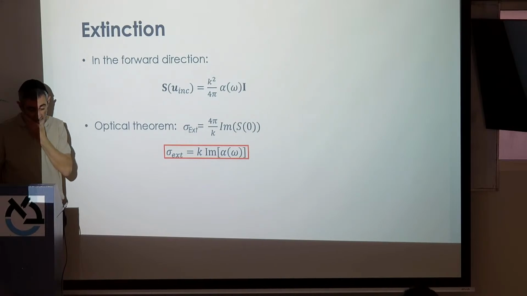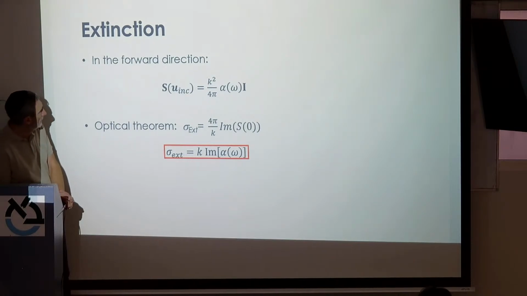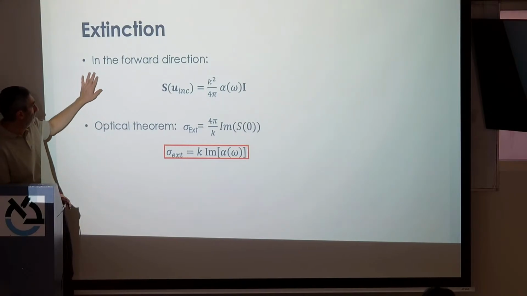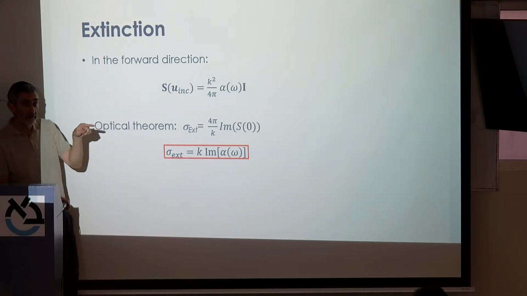Okay, so you remember that we defined the extinction cross section. So what did I write here? Oh yes. Okay. So that's the optical theorem. You remember the optical theorem? You look in the direction of incidence.